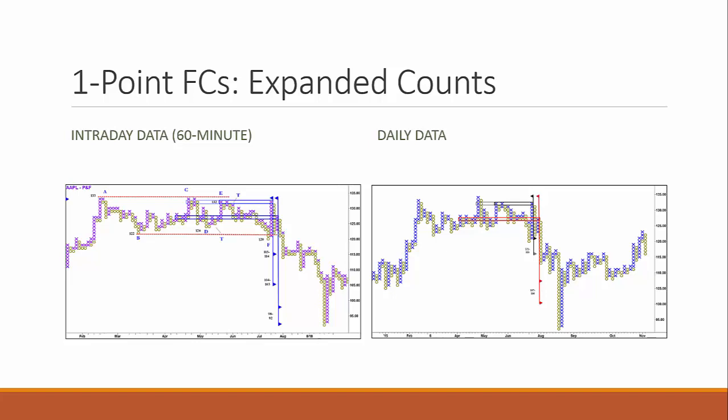Now, again, both charts are 1-point figure charts. Each figure represents 1 point, and it requires the market to move a full point to change the direction of the column.